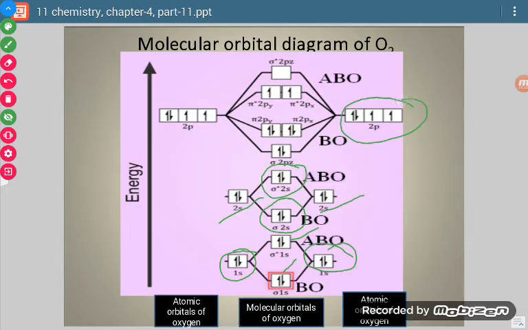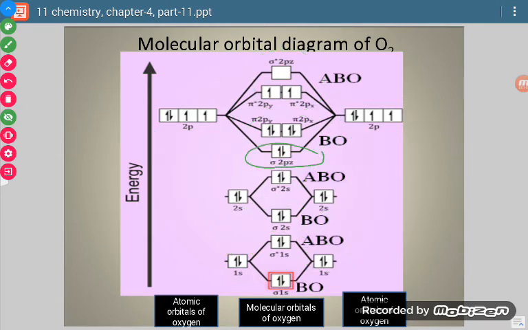Similarly, these 3 orbitals combine with these 3 orbitals, then they form a total of 6 orbitals, where these 3 are bonding molecular orbitals and these 3 are antibonding molecular orbitals. Here sigma 2pz is formed, okay, meaning a sigma bond is there with the pz orbital, and with px and py there is a pi bond, and with pz it is a sigma bond, okay.